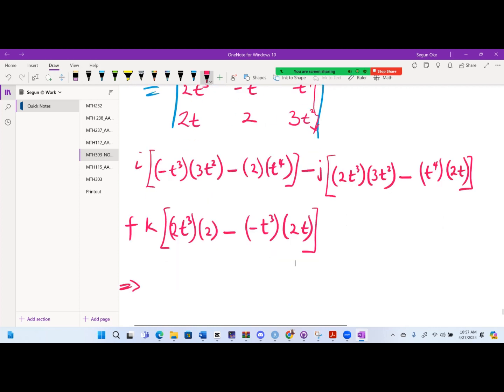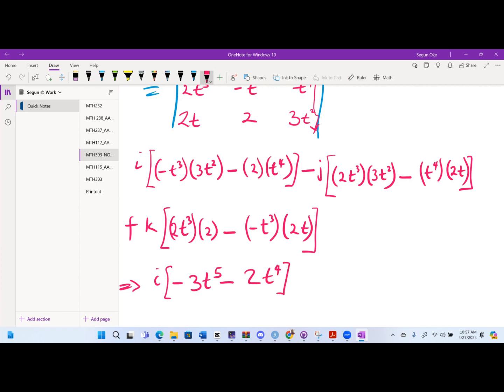For your i, you have this multiplied by this, you have minus 3t raised to power 5. That was what I did the other time. Minus 2t raised to power 4. That is my i. My j, minus j, don't forget, will give me 6t raised to power 5, minus 2t raised to power 5 again.